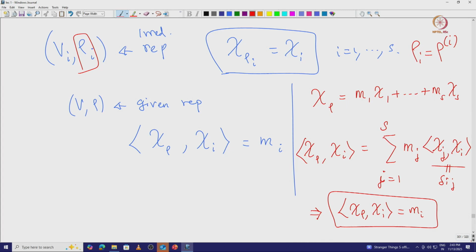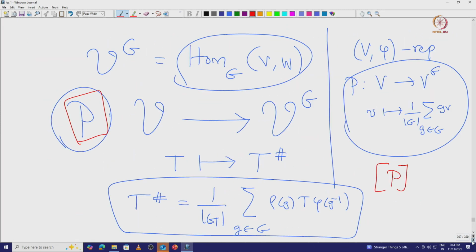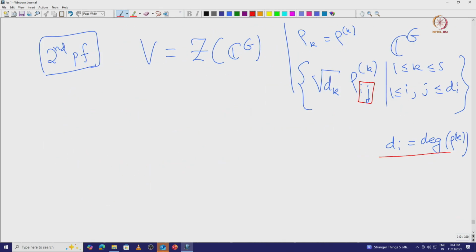Sometimes we need to write down the matrix coefficients, and for them we just use this i j. The degree of these representations is nothing but dk. Then if you take the matrix coefficients of this irreducible representation rho k, these elements form an orthogonal subset of CG. Once you normalize, you get an orthonormal subset of CG.